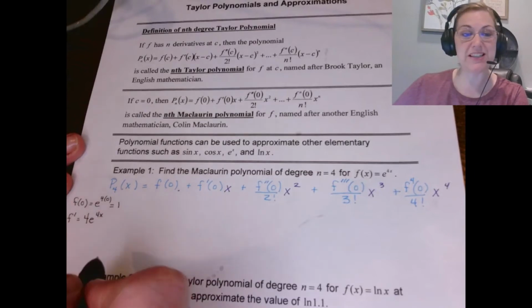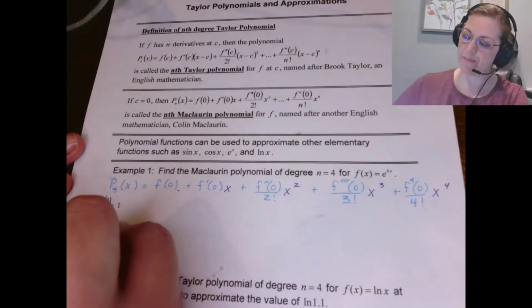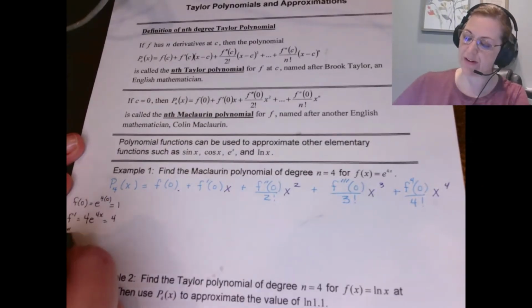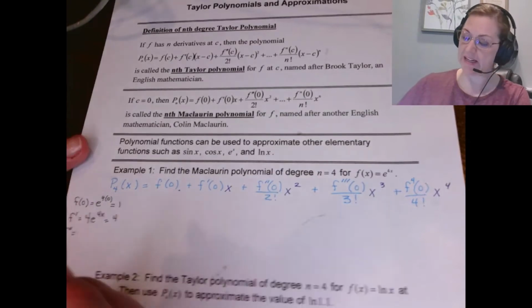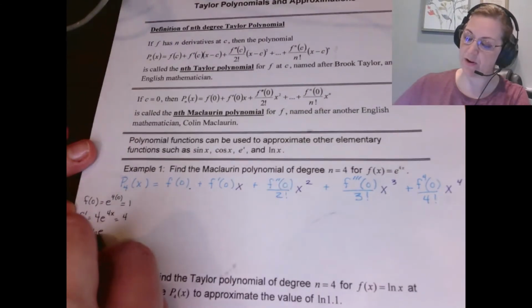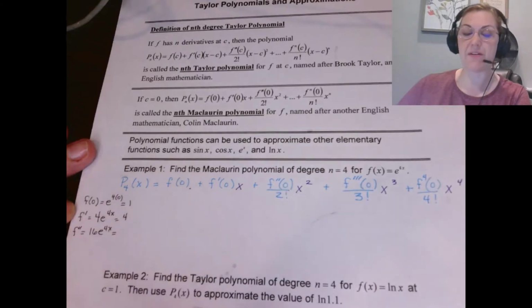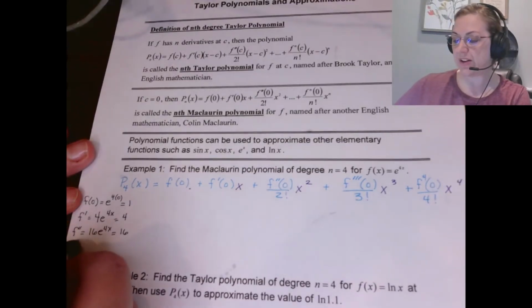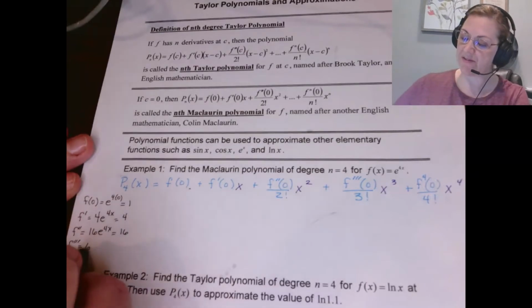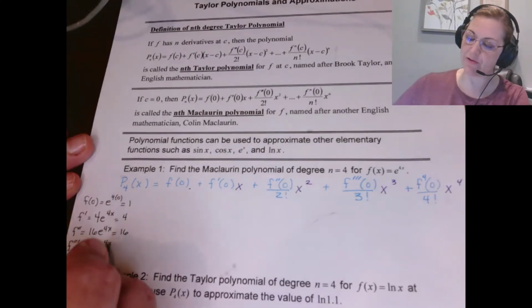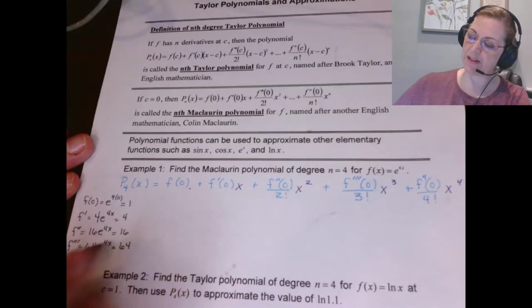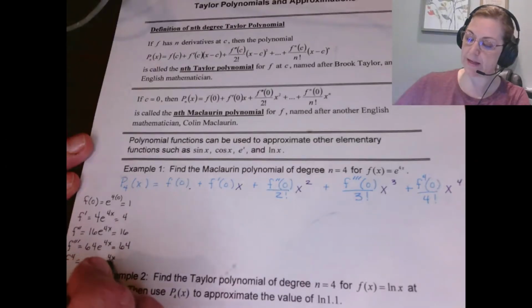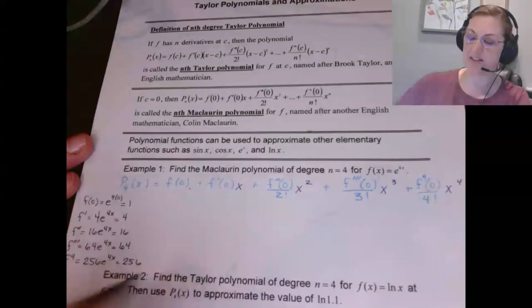And then if I put in 0, that would just give me 4. Second derivative would be 16 e to the 4x. And if I put in 0, that would give me 16. Third derivative, that would be 64 e to the 4x. Think of chain rule. And if I put in 0, I would get 64. And then fourth derivative, I would get 256 e to the 4x. And then put in 0, I'll get 256.